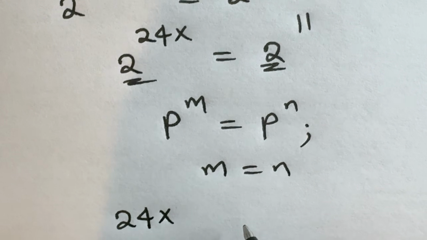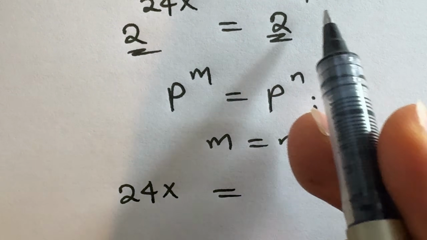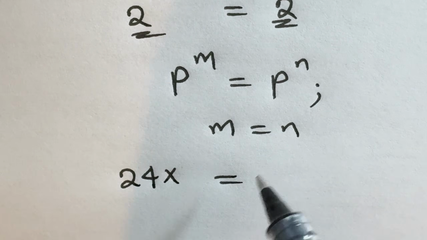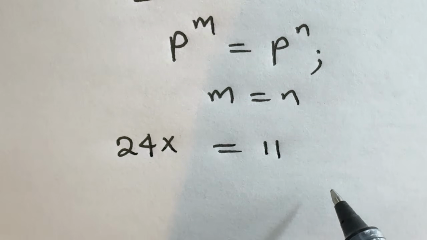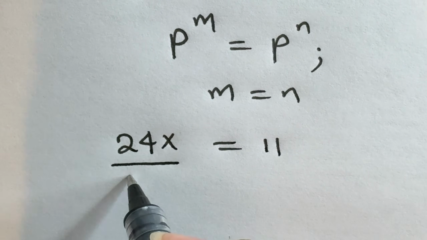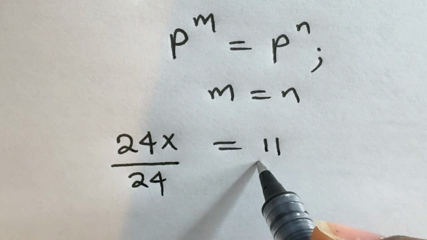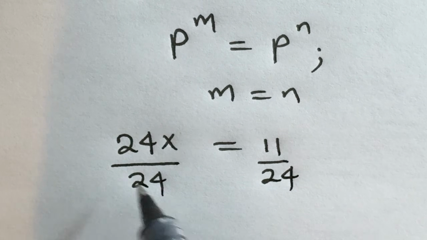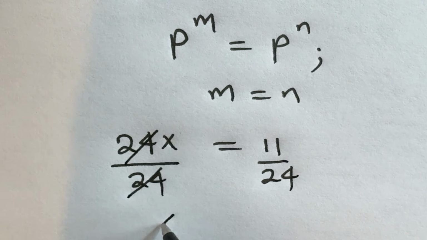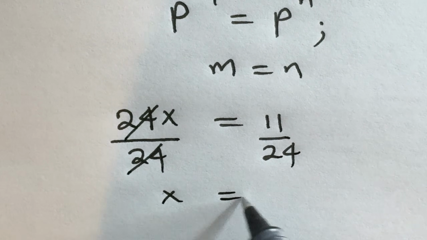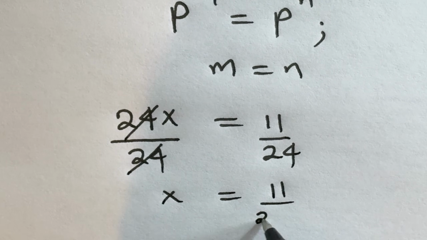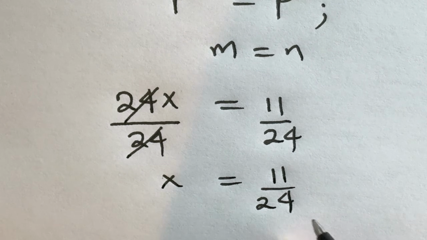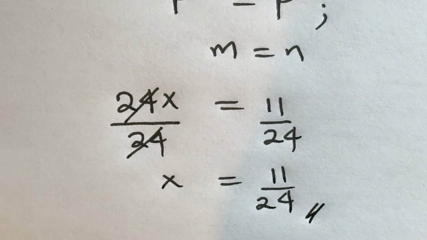So we have 24x is equal to 11. Now to find x, I'm going to divide both sides by 24. So this cancels this. Then we have x is equal to 11 over 24, which is the final answer to this problem.